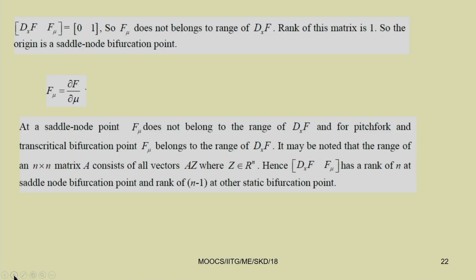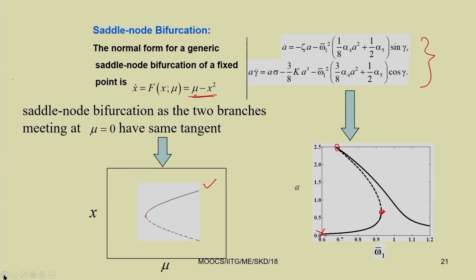In this case, further you can construct a matrix with dxf and f mu, where f mu equal to del f by del mu and dxf is nothing but the Jacobian matrix. In this particular case, for example, f equal to mu minus x square.